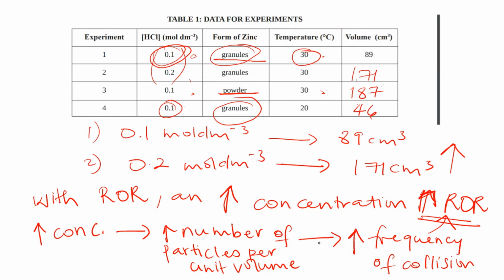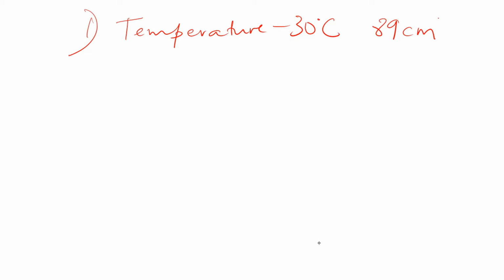The temperature is 30 for experiment 1, the temperature is 20 for experiment 4. So experiment 1, you have temperature being 30 degrees Celsius, and you have 89 centimeter cube of gas liberated.